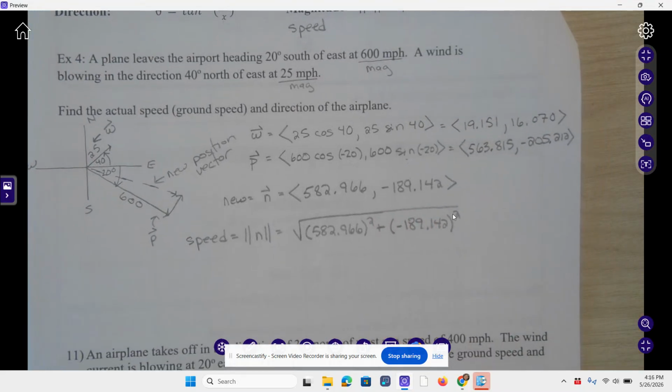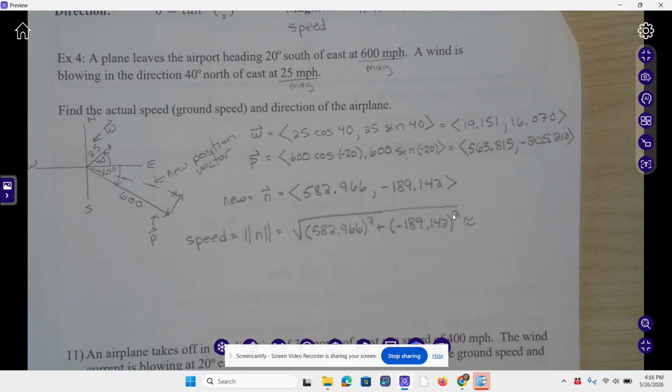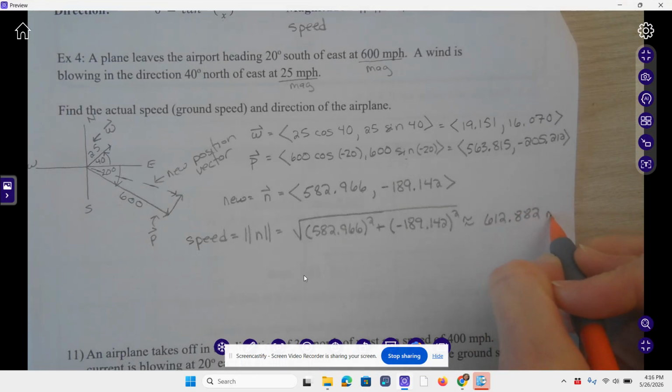Again, you put all that in your calculator, and we want to say approximately equals because we're chopping off some decimal points here. That's going to be 612.882, and that's miles per hour.